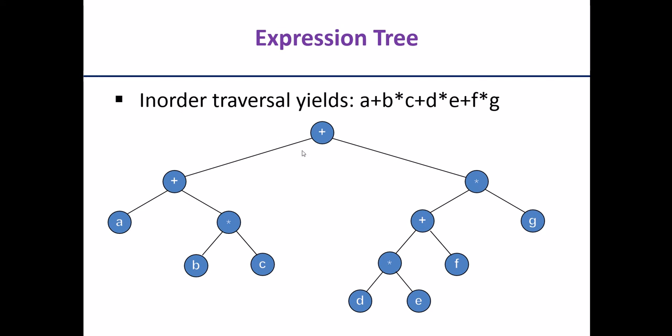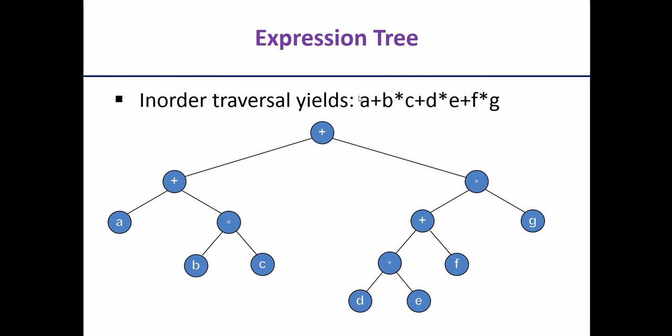If we traverse this tree in order form, we will get A plus B multiplied by C, and then the plus, and then we will move to the left side, D multiply E plus F multiply G. So this is the in order expression, and you can see here that without parentheses it is difficult to understand. If we want to evaluate this kind of expression, it will be confusing.